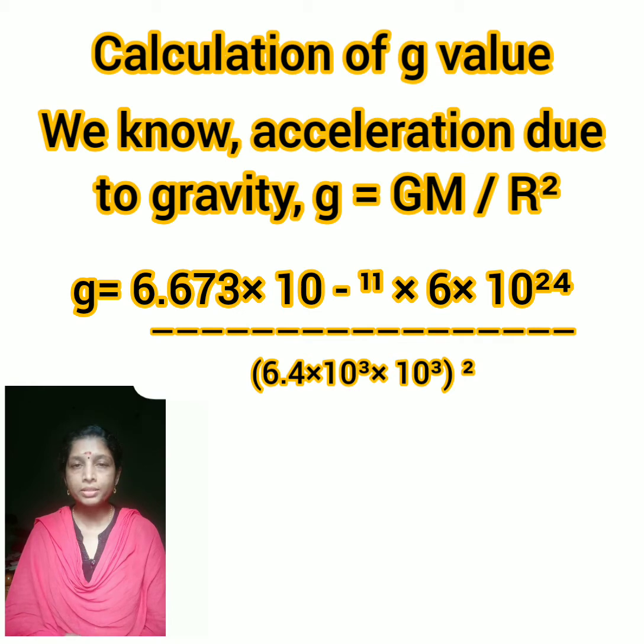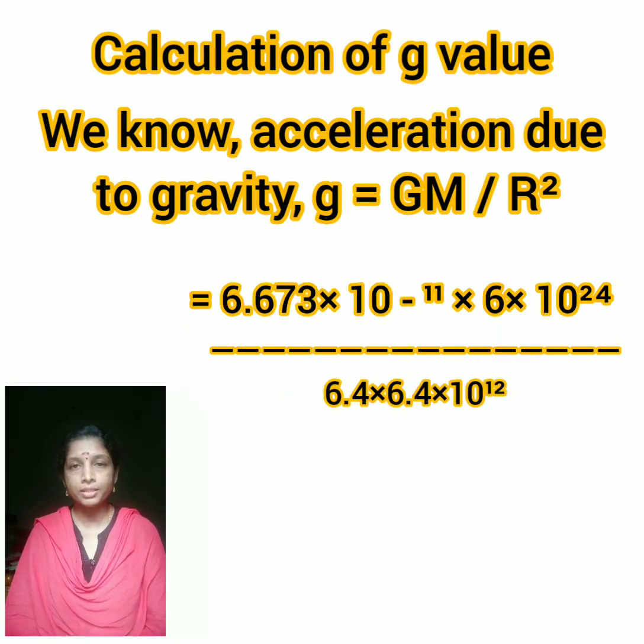So that is equal to 6.673 into 10 raised to minus 11 into 6 into 10 raised to 24 divided by 6.4 into 6.4 into 10 raised to 6 into 10 raised to 6. So 10 raised to 6 and 10 raised to 6 together we can write as 10 raised to 12.